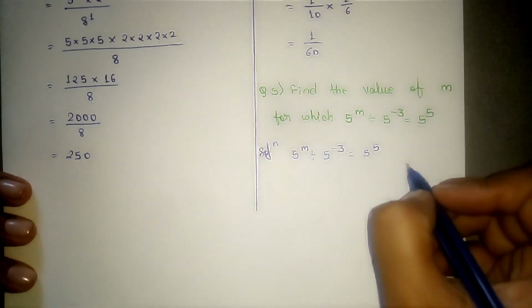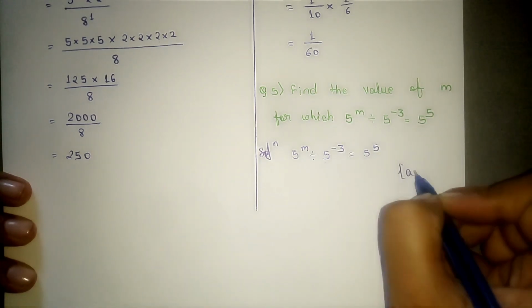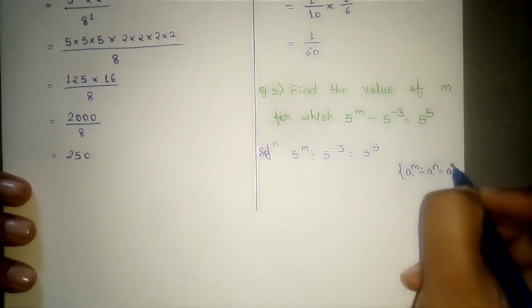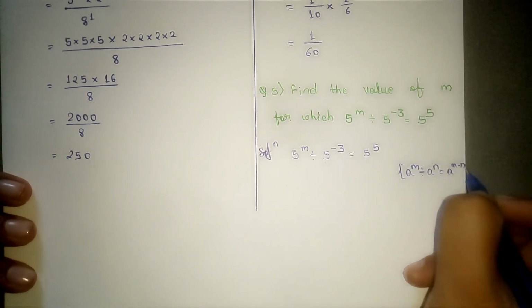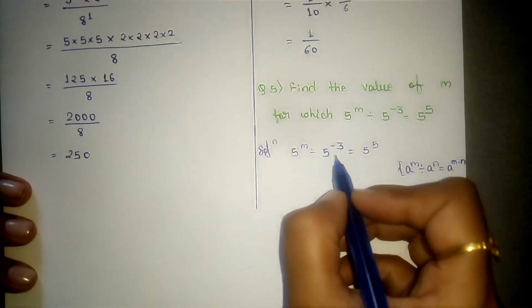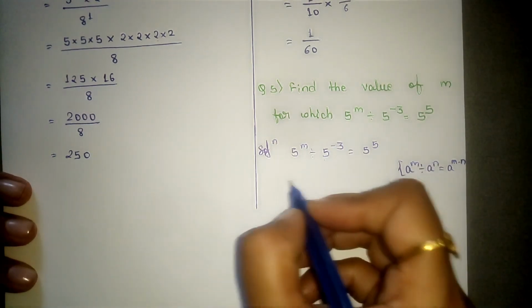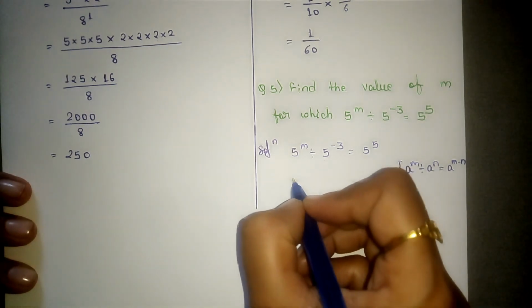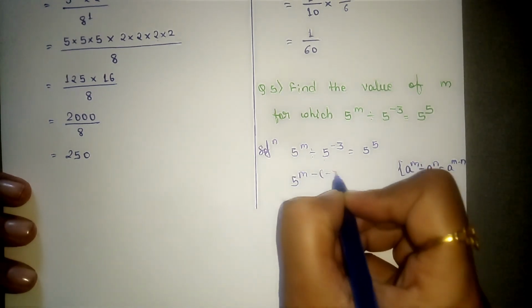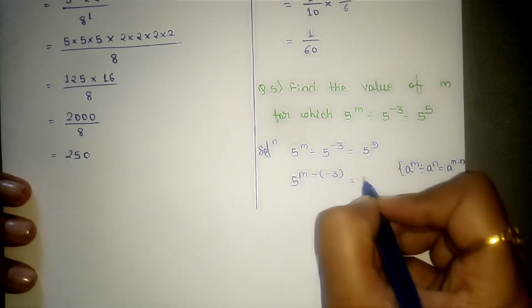So here we can apply the law: a raised to the power m divided by a raised to the power n equals a raised to the power m minus n. So we will do the subtraction between the exponents, as division is given. So we can write it as 5 raised to the power m minus minus 3 equals 5 raised to the power 5.